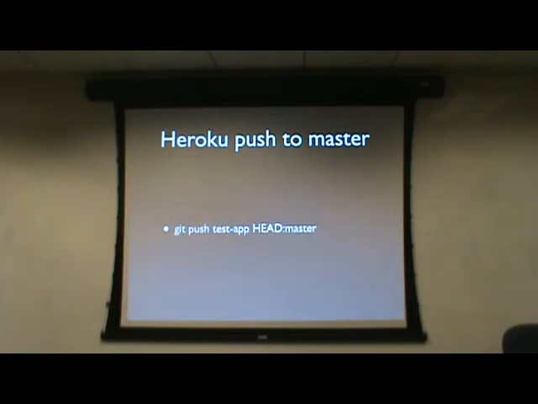And you can do it with HEAD:master as well. So he's absolutely correct. Git push, your app name, and then either the branch name colon master or HEAD colon master, assuming you're right where you want it to be, which will copy your branch over that master on the remote.